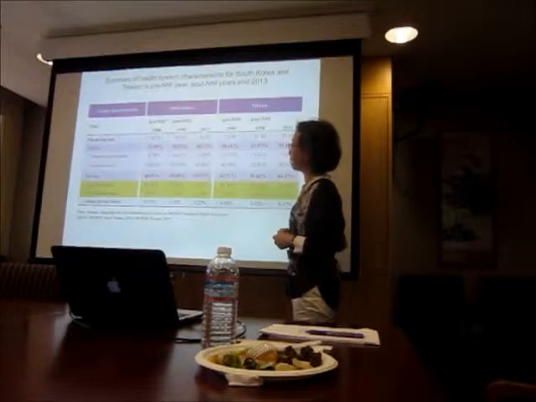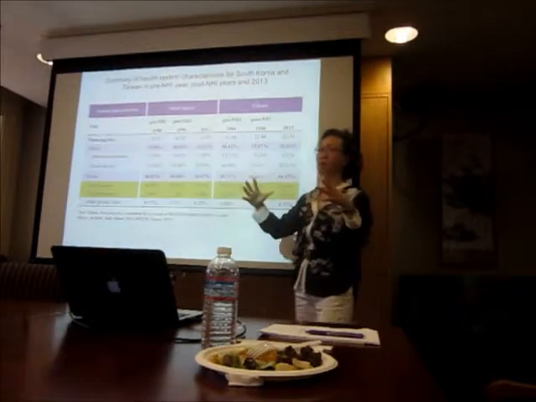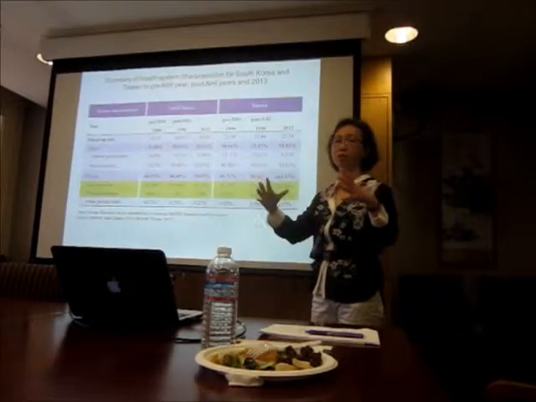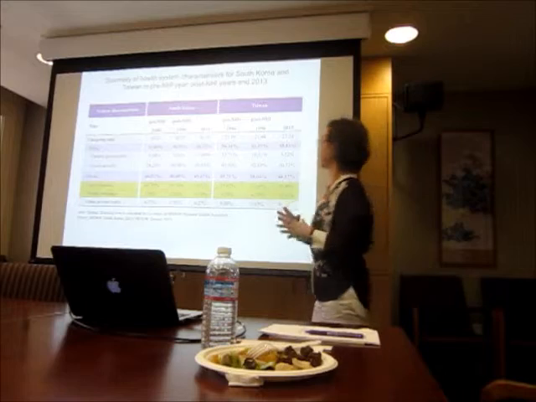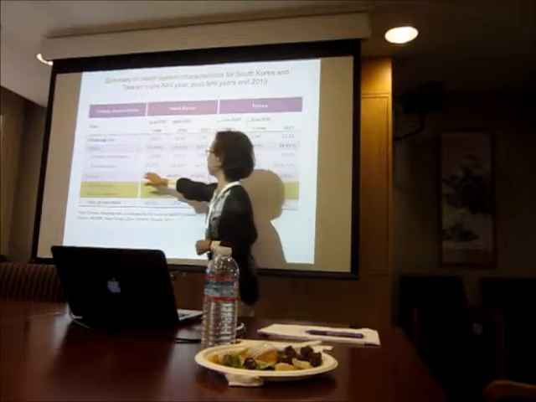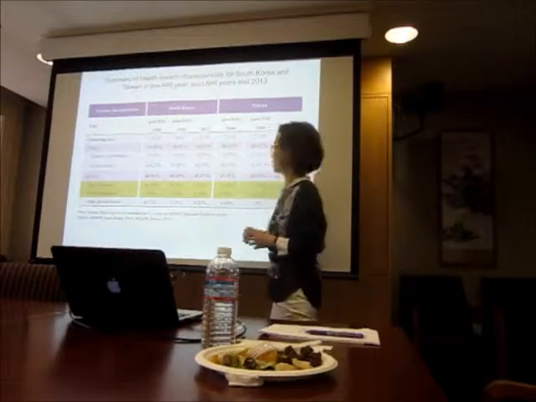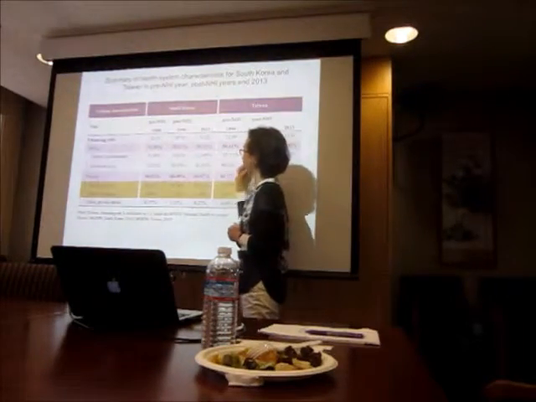This is the financing mix. It tells you, if this country spends $100, where the money comes from. In South Korea, Social Security is national health insurance, by OECD definition, and this is spending by the general government.